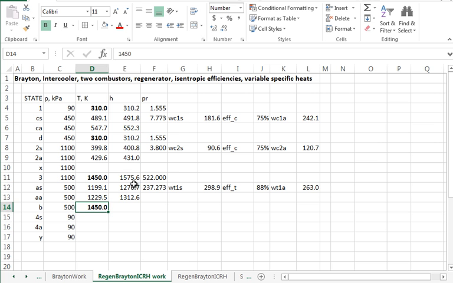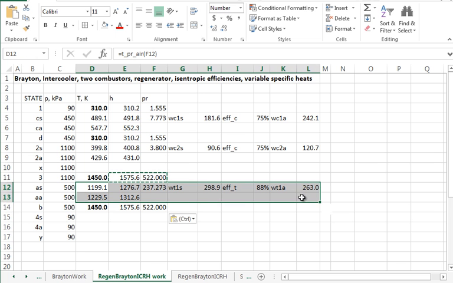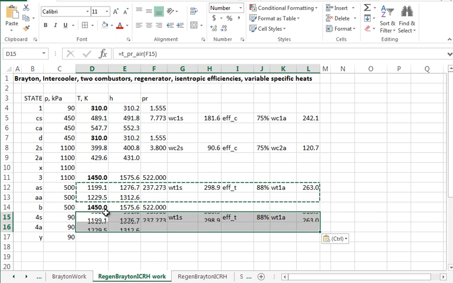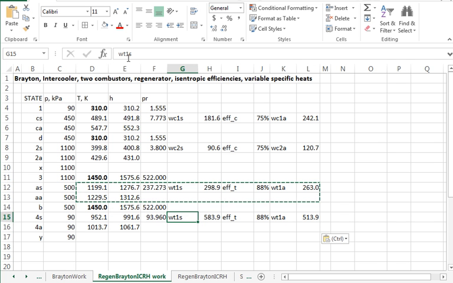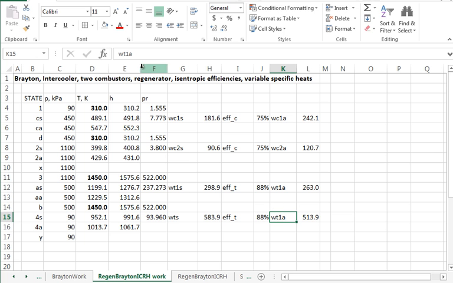Then you do the same thing for the next one. Here's where I'll copy and paste a bunch. And so this is for the second turbine. And for the second turbine. And it should all be relative, and you can double check or just retype everything.